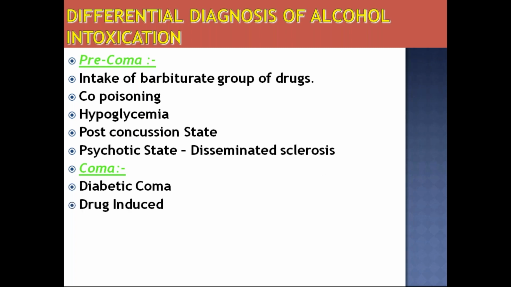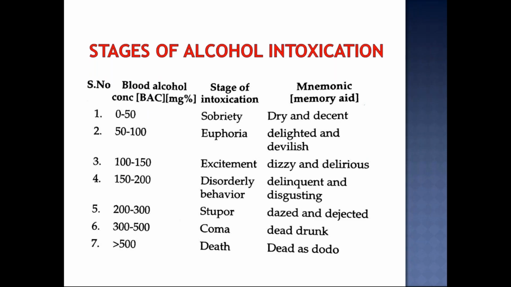And then coma-like conditions can occur in diabetic coma, drug-induced, or even in cerebrovascular accidents or CVAs or strokes. So these are some of the differential diagnoses of drunkenness: barbiturate poisoning, carbon monoxide poisoning, hypoglycemia, post-concussion state, psychotic state in disseminated sclerosis, and if the person is in coma, you have to differentiate from diabetic coma, whether it is drug induced or whether it is cerebrovascular accident or stroke related.